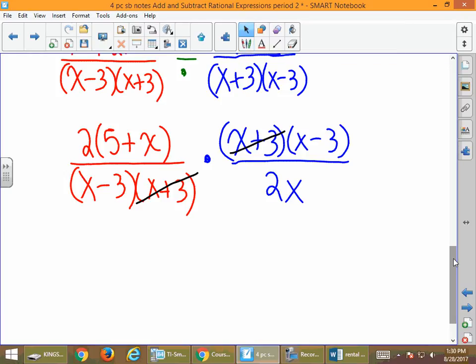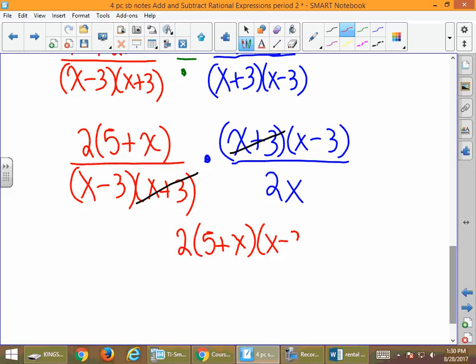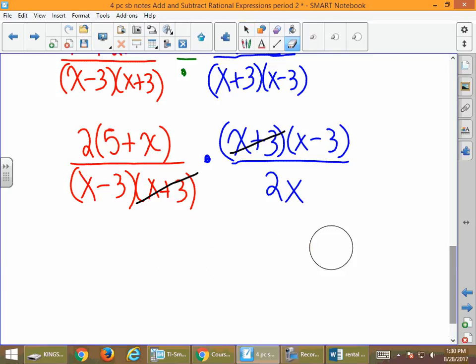But there is a teeny bit more that maybe you see and maybe you don't. What we have left so far is 2 times 5 plus x times x minus 3. Oh, shoot. I'm going to erase that because look what else. You're probably out there saying, oh, we have an x minus 3 and an x minus 3. So now a little bit better.